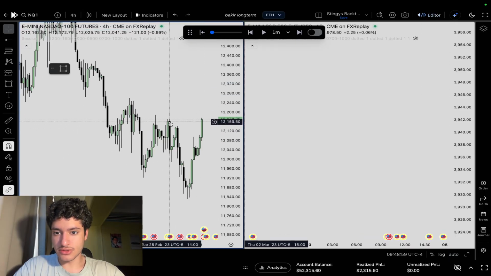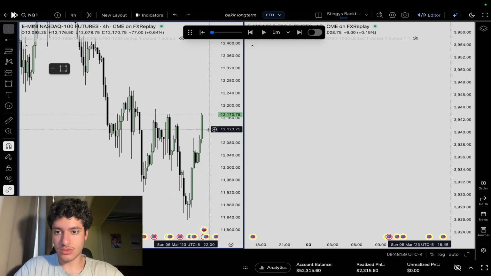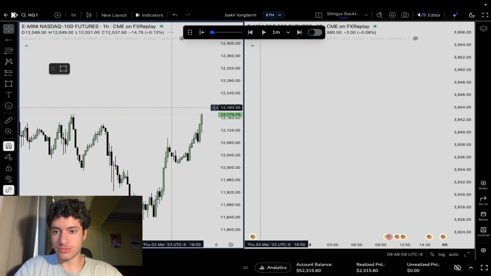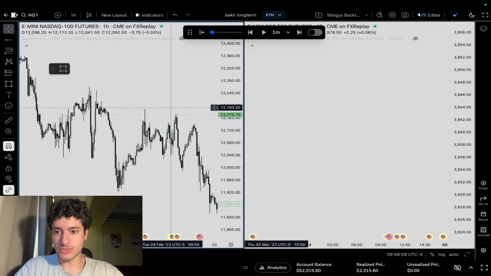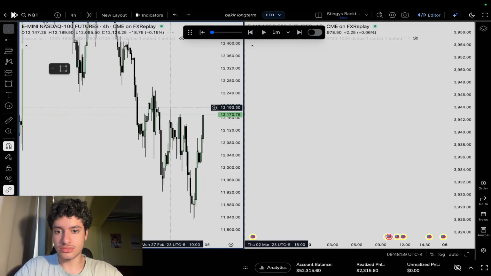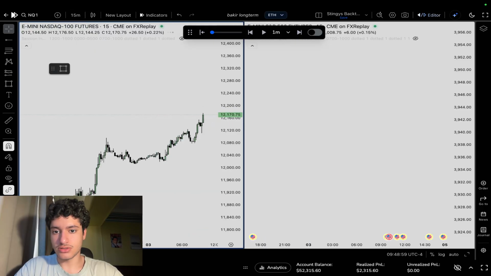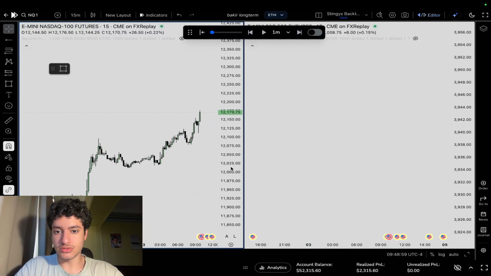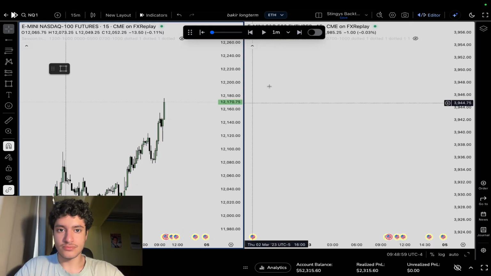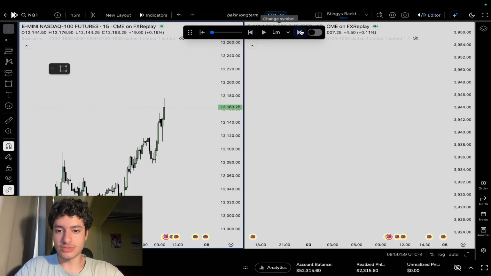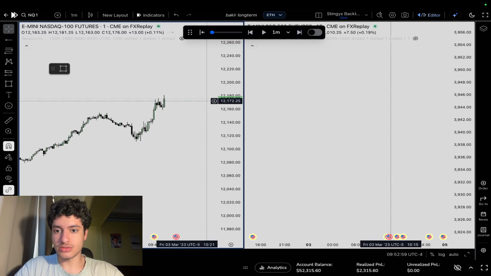We do have this 4 hour, but it kind of looks like we're going for this high. 1 hour, kind of the same thing. Just gonna rely on the 4 hour. 15 minute, we're pretty bullish, respecting bullish price action. So I'll be open to both sides, to be honest.